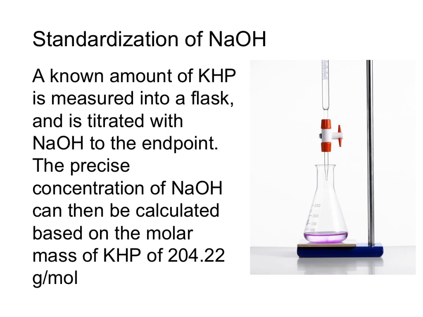Remember, at the endpoint of a titration, the moles of each reactant will be equal to each other. And so thus in this reaction, at our endpoint, the moles of NaOH are going to be equal to our moles of KHP. We can use this to then perform our calculations.